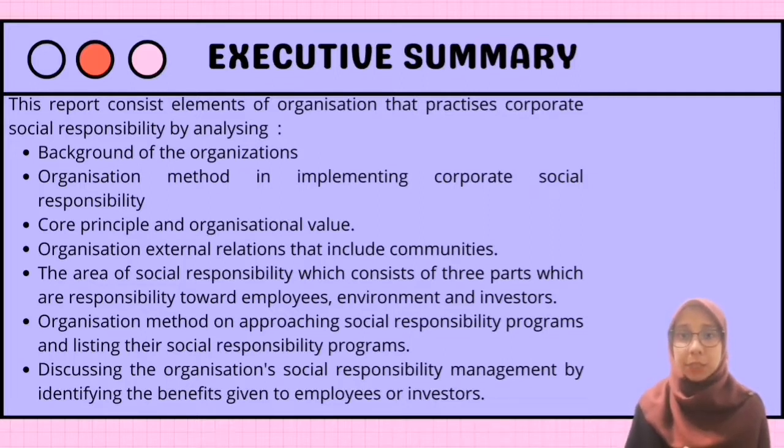F. Organization method on approaching social responsibility programs and listing their social responsibility programs. G. Discussing the organization's social responsibility management by identifying the benefits given to employees or investors. At the end, we will complete the report by meeting its purposes.